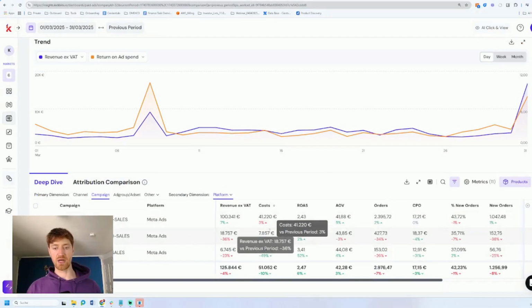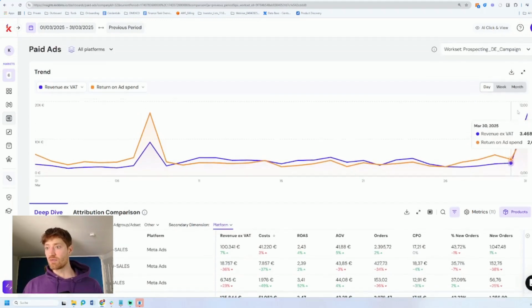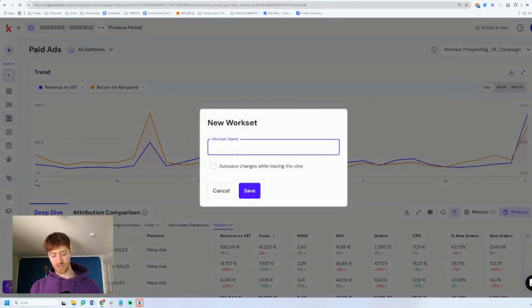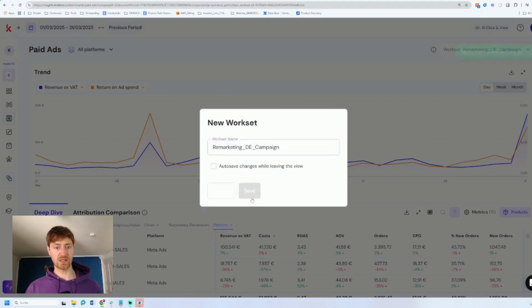Great, now we have the remarketing campaigns in here where we have costs for the German market and everything else is taken out. We do the same logic. We go save as work set and we go for remarketing DE campaign, so we know on which level we have set the filters.